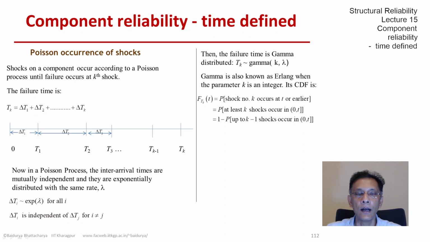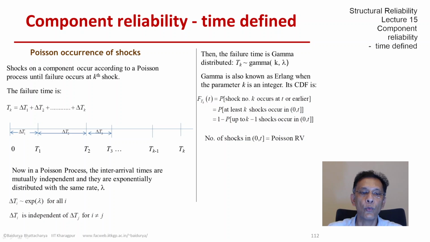Now there's also a very useful result that comes out of the Poisson process: the number of events in a Poisson process over time 0 to t is actually a Poisson random variable. And we have seen the Poisson random variable extensively when we discussed the common distribution functions.